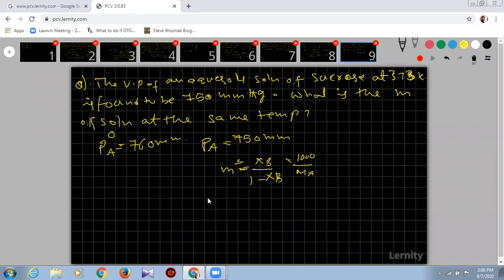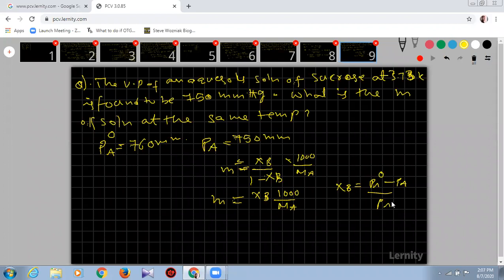That's why molality is equal to XB into 1000 by molecular weight of the solvent. So already you know this formula: XB is equal to (PA naught minus PA) by PA naught.